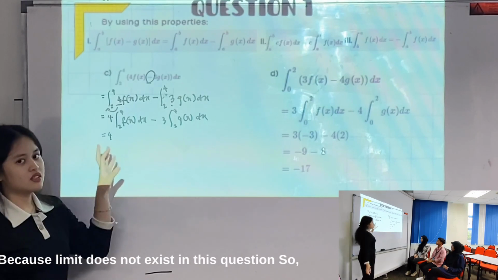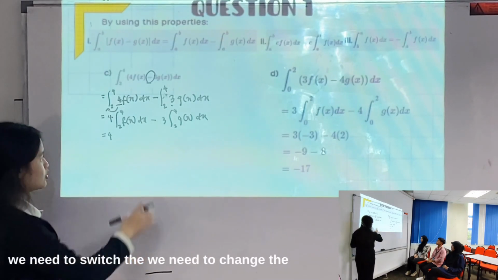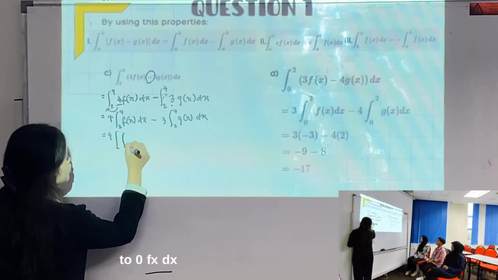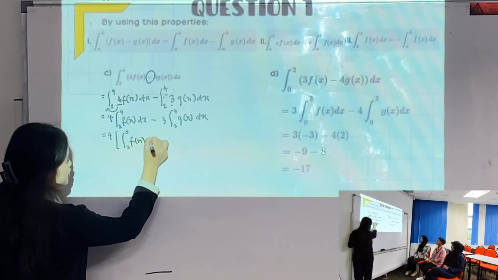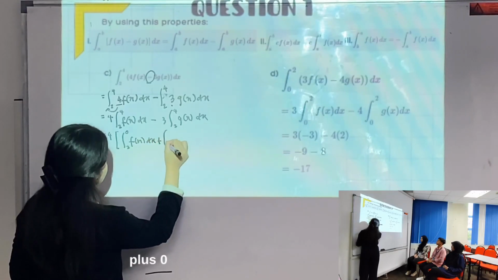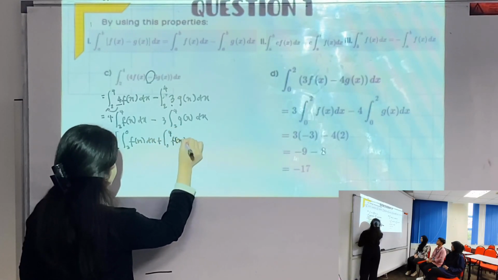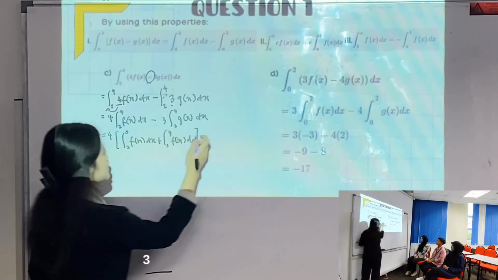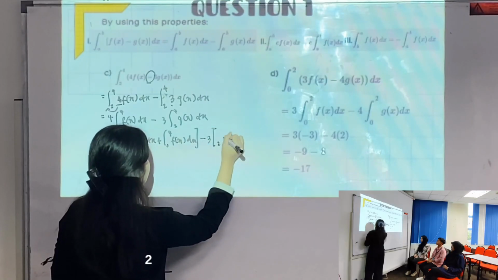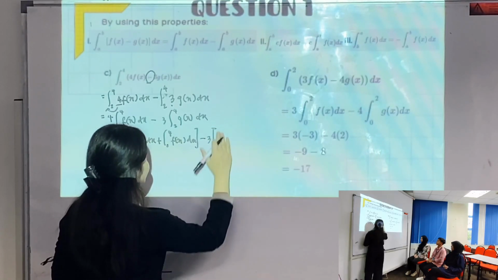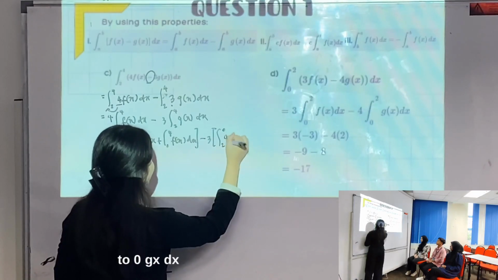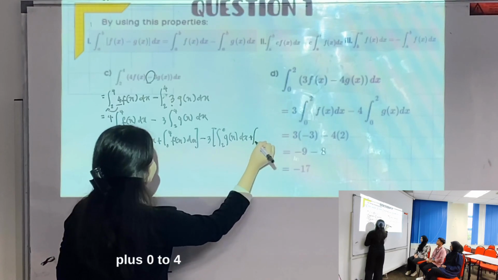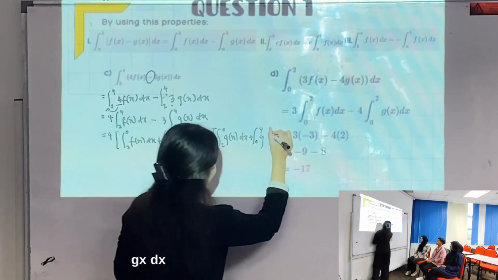Because this limit does not exist in this question, we need to change the limit, which is 2 to 0 of f(x) dx plus 0 to 4 of f(x) dx. This also we need to do like this: 3 times 2 to 0 of g(x) dx plus 0 to 4 of g(x) dx.